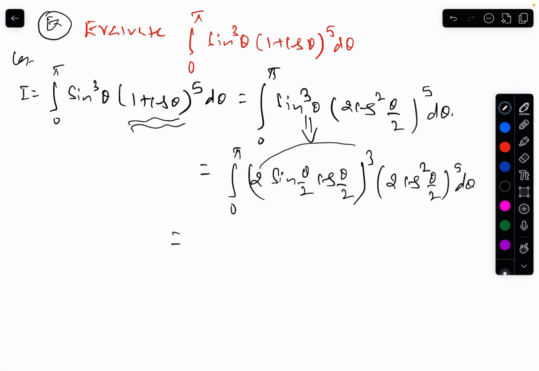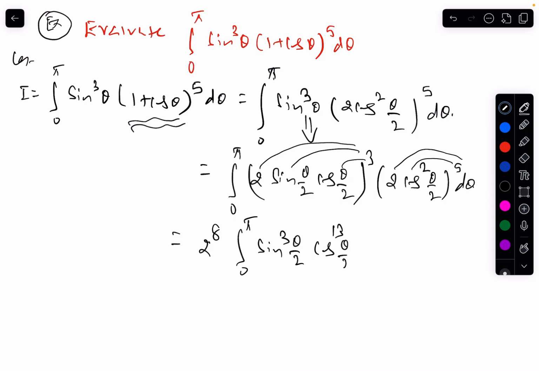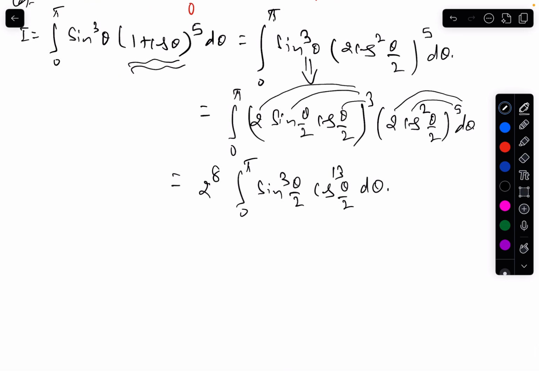So this is 2 power 3, 2 power 5. So total we have 2 power 8, 0 to pi, sine power 3 theta by 2, cosine power 3, and this is cosine power 10. So that is cosine power 13 theta by 2 d theta. And now we can write theta by 2 equal to t.